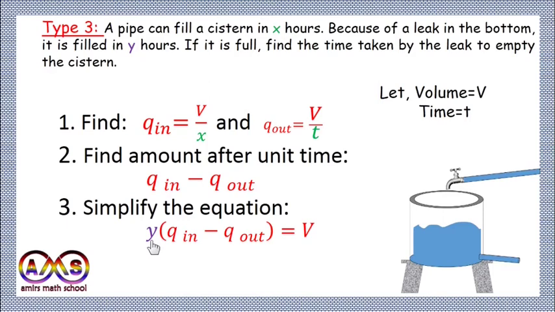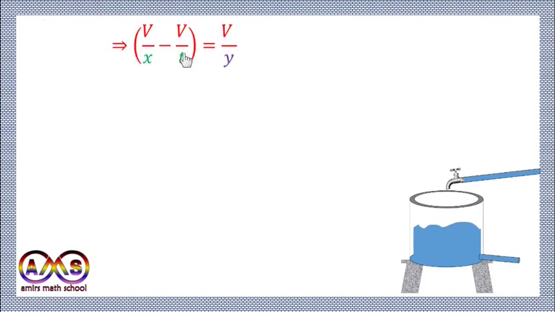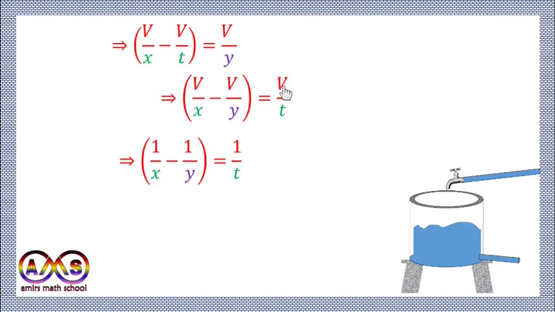That is Y into the amount after unit time, that is Q in minus Q out, which is equal to V. So substitute the value of Q in, V by X, and the Q out, V by T. Then we can write V by X minus V by T is equal to V by Y. And we can write V by X minus V by Y, which is equal to V by T. And cancel the V from both sides.